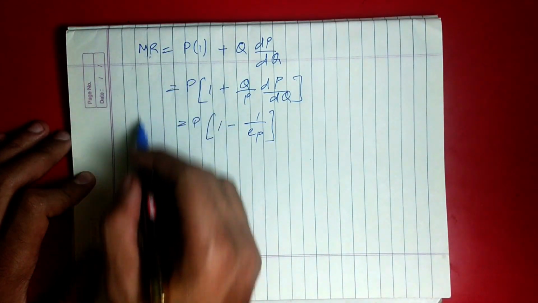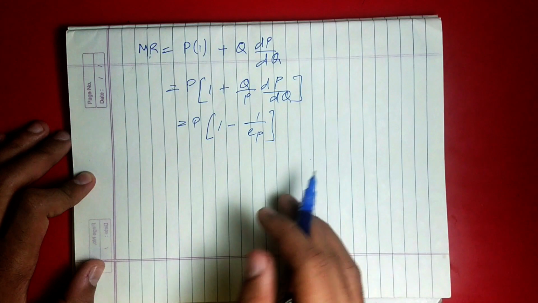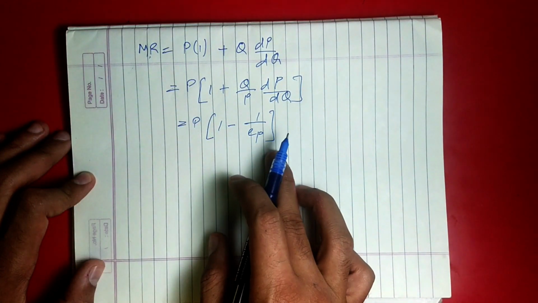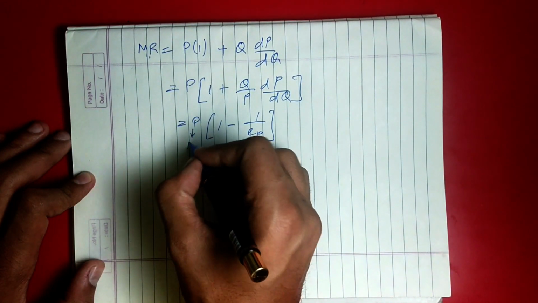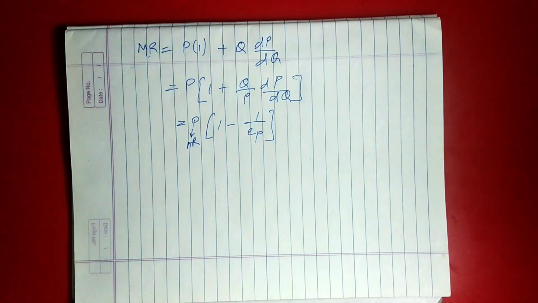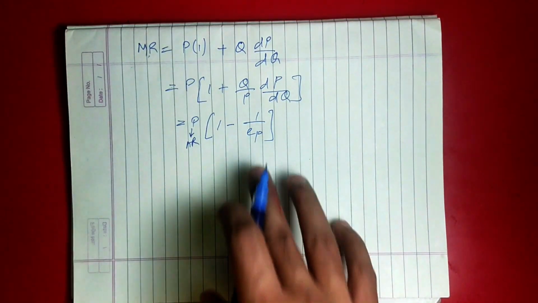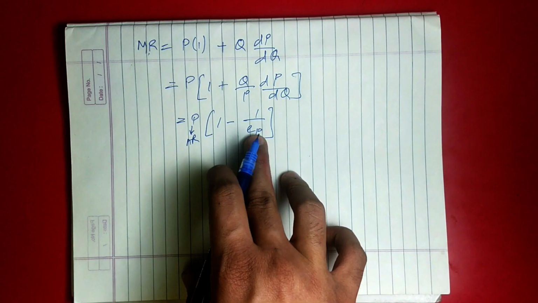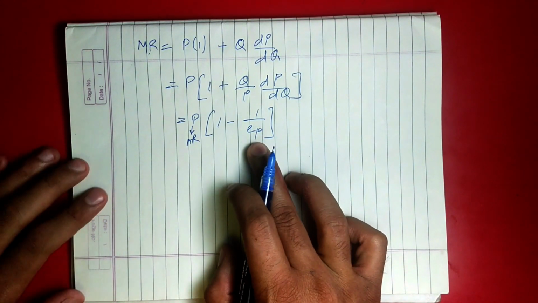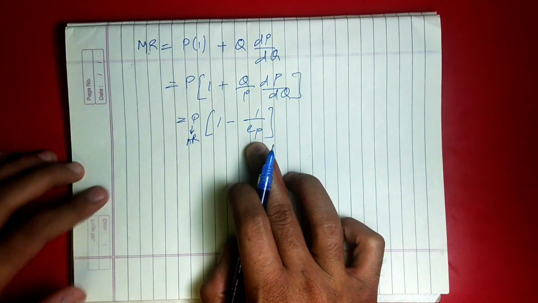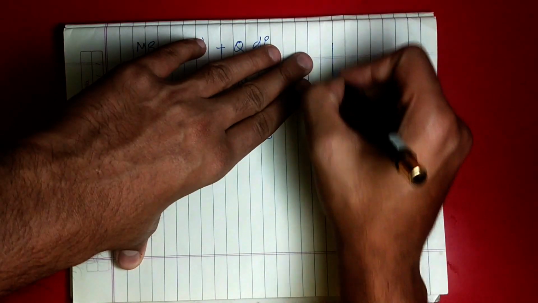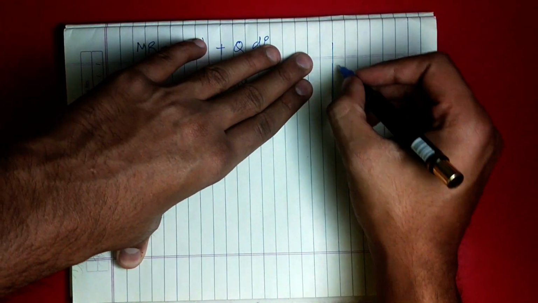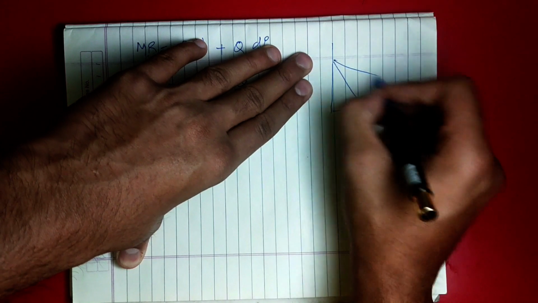So you can see I have derived one relation between MR and EP, and you can also write this in terms of AR. So you can see there's a relation between these. When the elasticity of price is equal to 1, that means MR is equal to 0. If you also want to show it in a diagram, it's MR, it's AR.